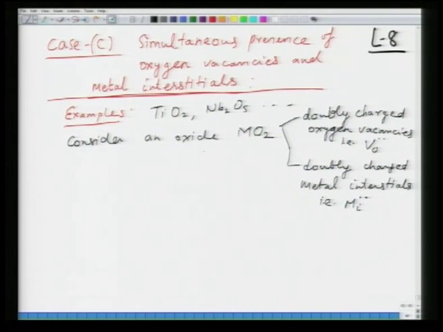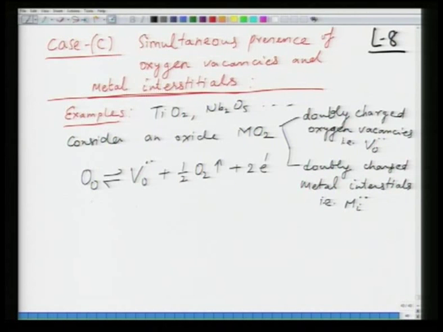So, for the first scenario, what is the defect reaction for the formation of these vacancies? Oxygen at oxygen site goes out, giving rise to a doubly charged vacancy plus half of oxygen going out, and as a result you create 2 electrons.